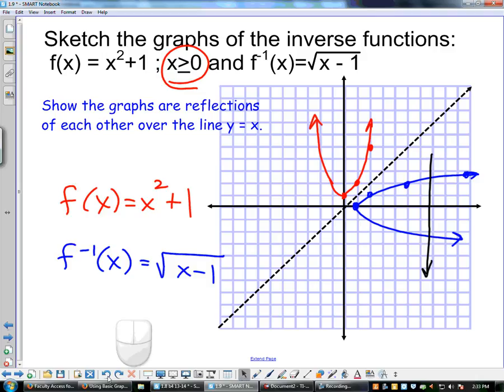If we test this, here was our original function before we limited the domain.